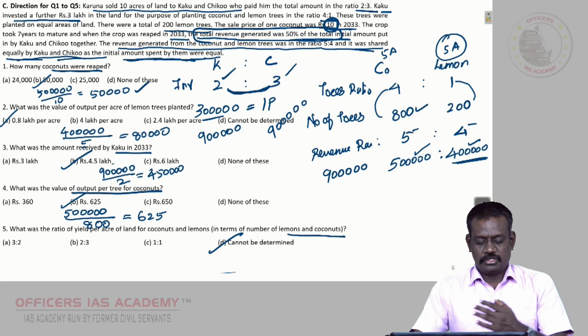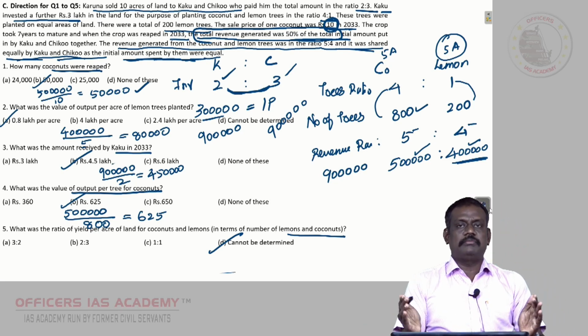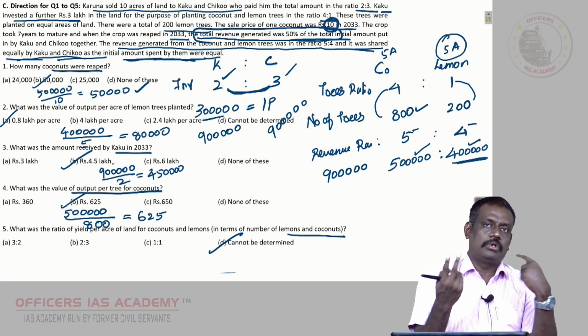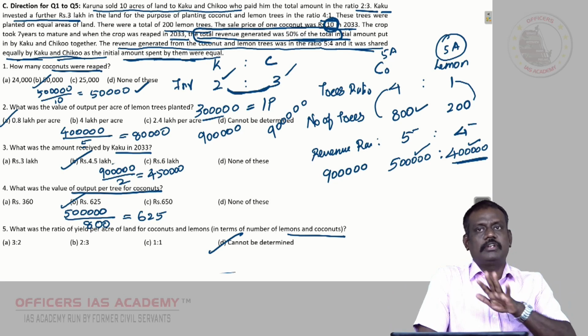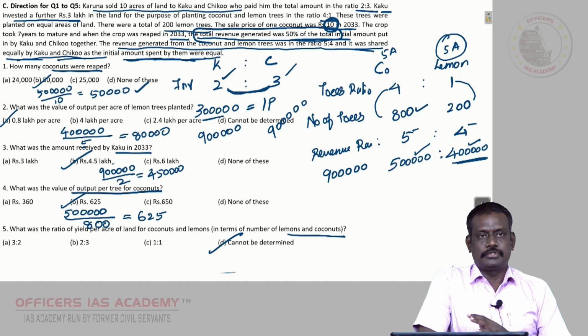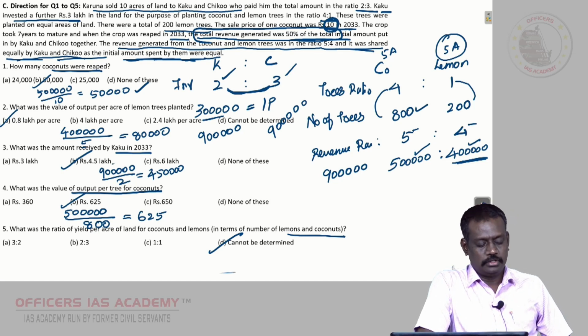But as I told you, they will not go for 5 questions and all. The story will sometimes be a little smaller, and they will go for some 2 or 3 questions, not such a big one, especially in our CSAT exam. But this type of question will appear in your exam.